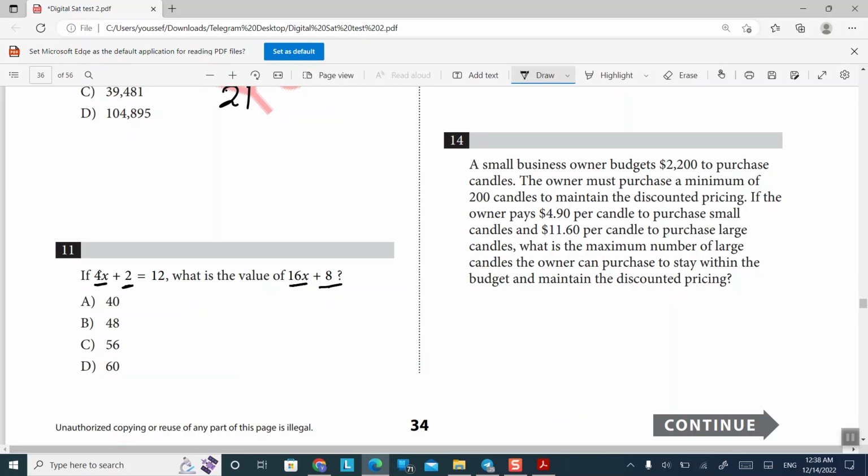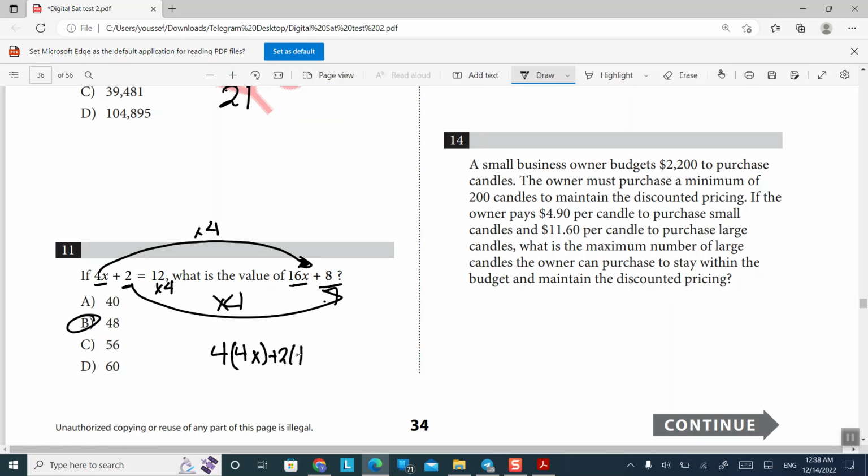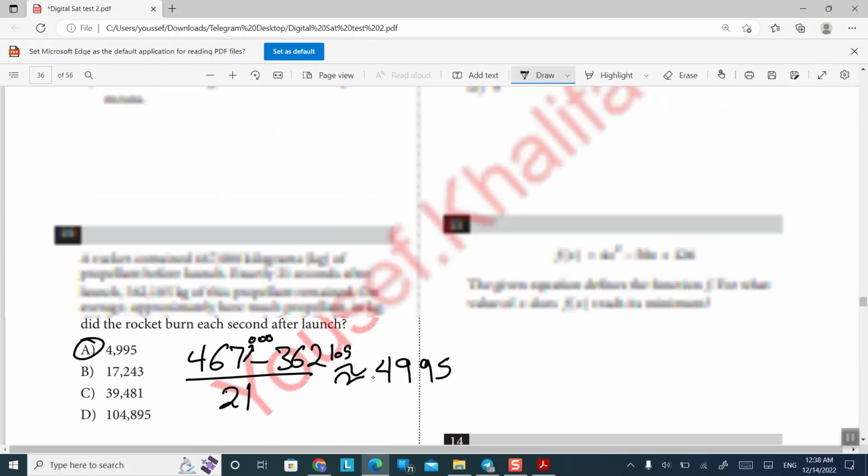So here, in order to transform 4 to 16, you will multiply by 4. Same for 2, multiply by 4, and you have to multiply by 4 also for 12, so the answer is 48.